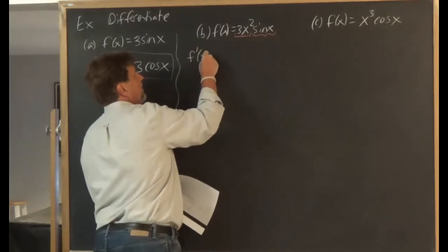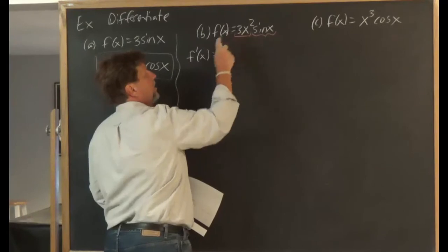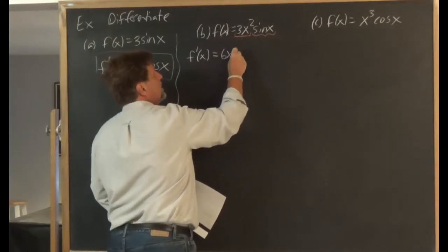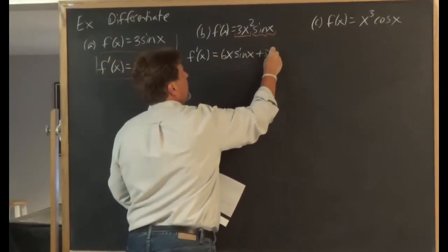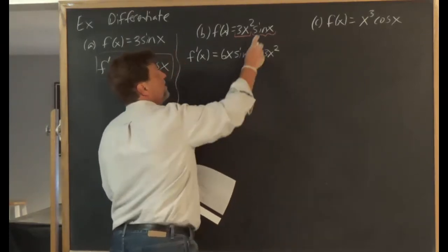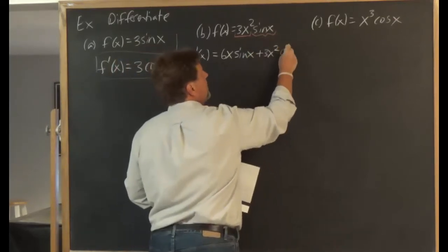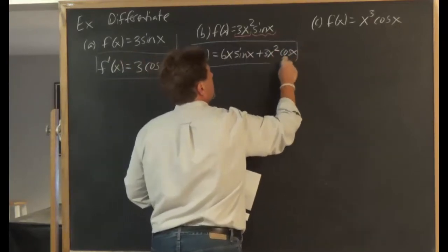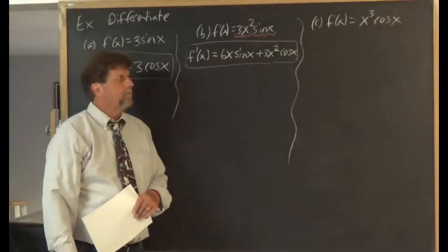The product rule says the derivative of the first function, 6x, times the second function, plus the first function, times the derivative of the second function, the derivative of sine, is cosine. And that's it for part B.